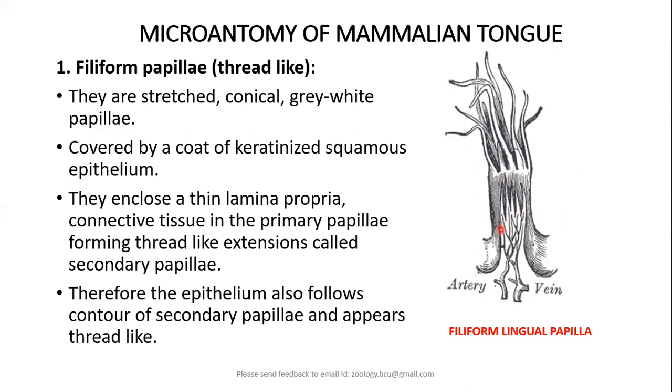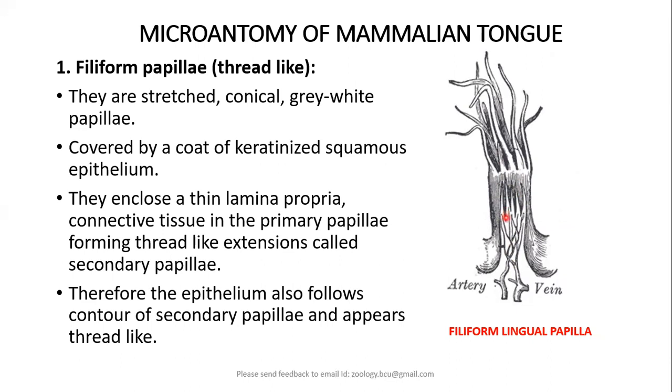These primary papillae, again, may form thread-like projections, and these projections are called secondary papillae. Therefore, the epithelium of the primary papillae also follows, as you see here, the contour of the secondary papillae.